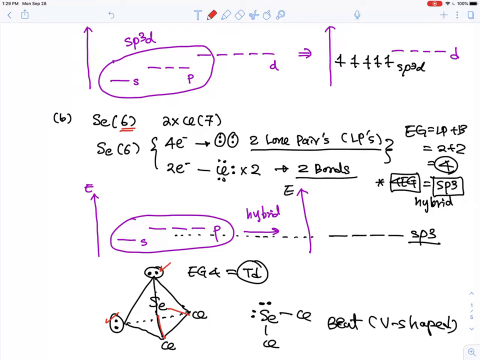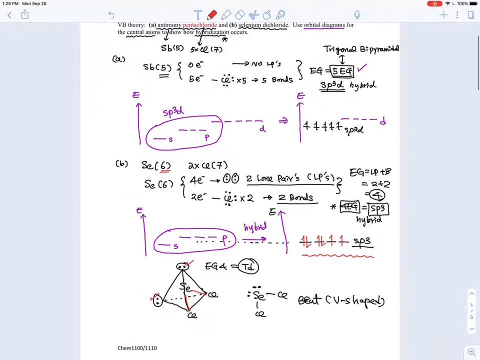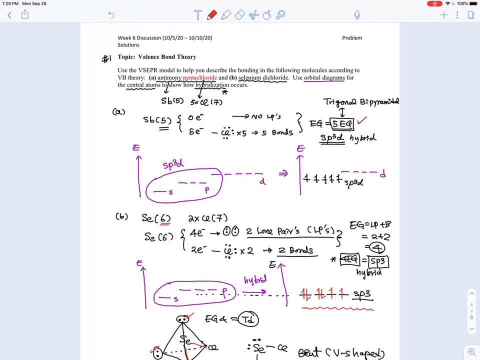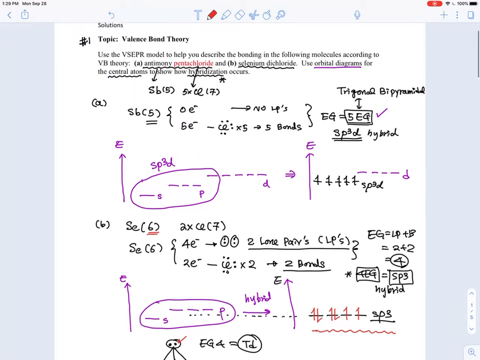So selenium has 6: 1, 2, 3, 4, 5, and 6. So this is the hybrid orbital diagram for this. Once again, this concludes the valence bond theory using the VSEPR model, how the hybridization occurs, and how electrons are filled in the hybrid orbitals.